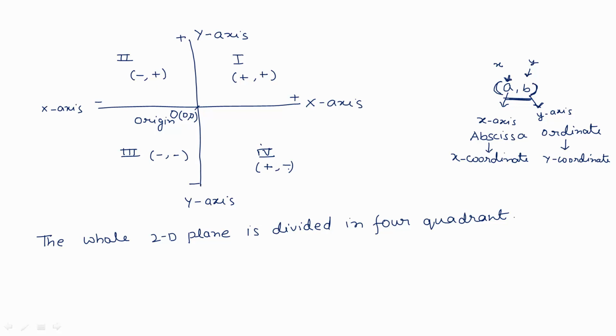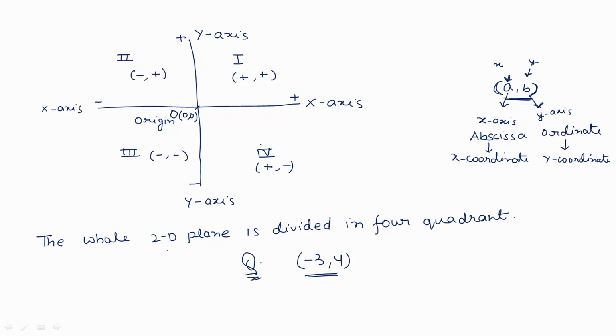If in the board examination you have a question, find in which quadrant minus 3 comma 4 will lie, we have to find in which quadrant minus 3 comma 4 will lie.